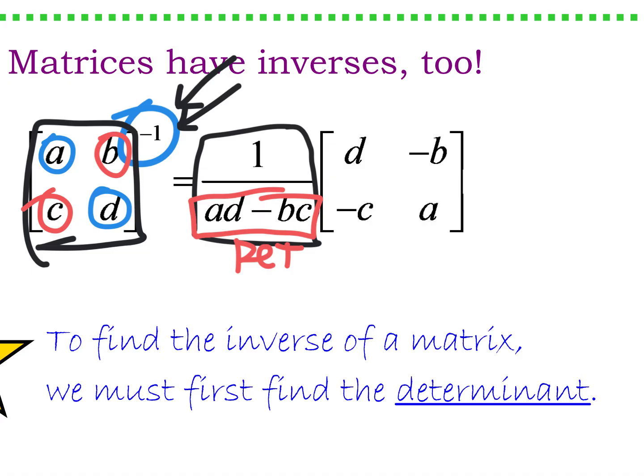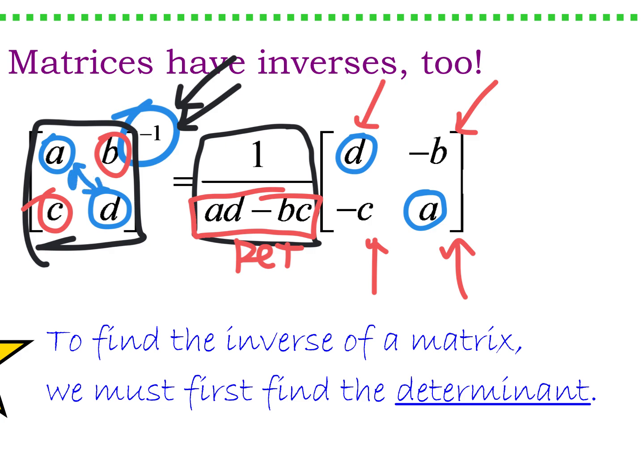And then, where the heck did these all come from? Let's take them one at a time. A and D. Did you see those anywhere in the earlier problem? Yeah. It looks to me like you just take A and D and you flip-flop them. You switch their places. These two get that flip-flopped.